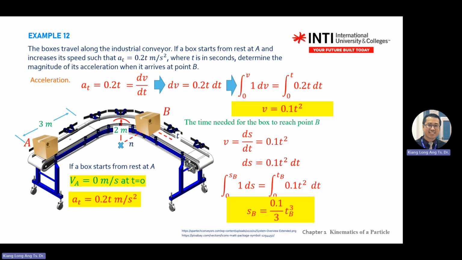But here, you know that this one is a quarter section of circle, 90 degree here. 1/4 of 2 pi r. Then substitute the r inside there. You find the circumference plus the 3 meter. You get the answer for the left-hand side, SB.